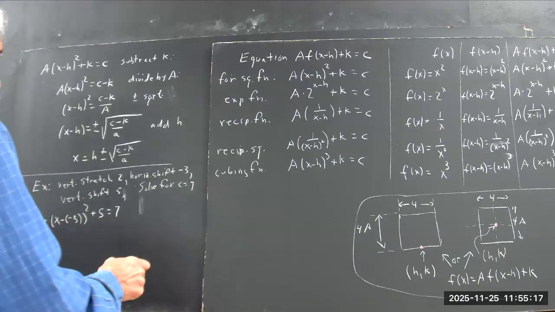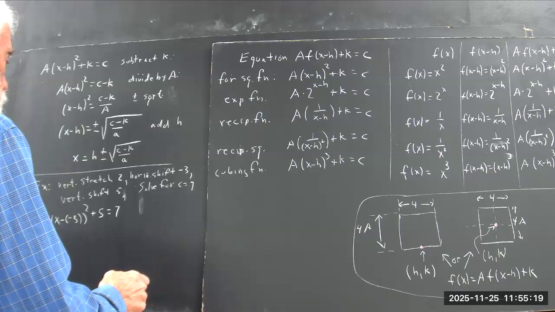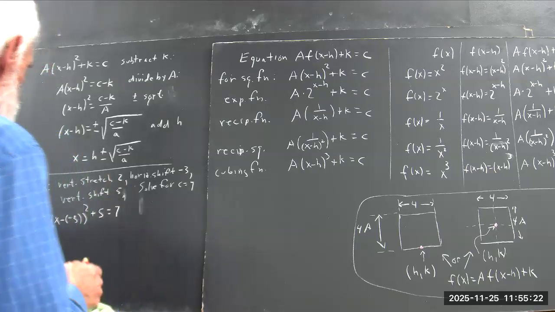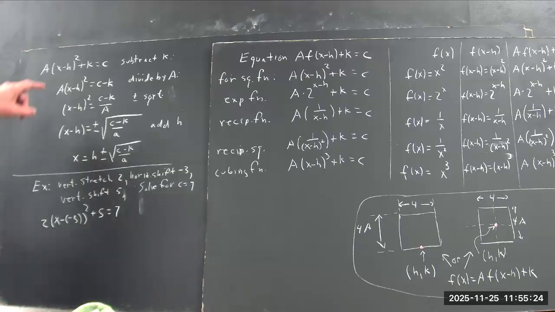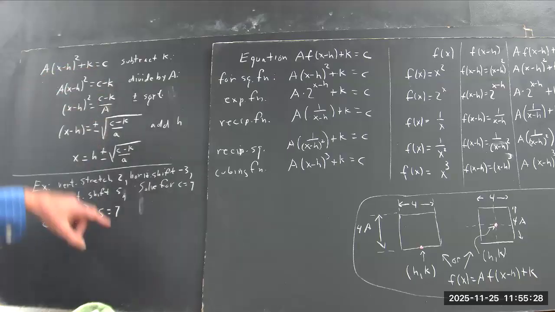There's our equation. All I've done is write out this form with the values of A, h, and k, and then some arbitrary value of c, which I chose to be 7.